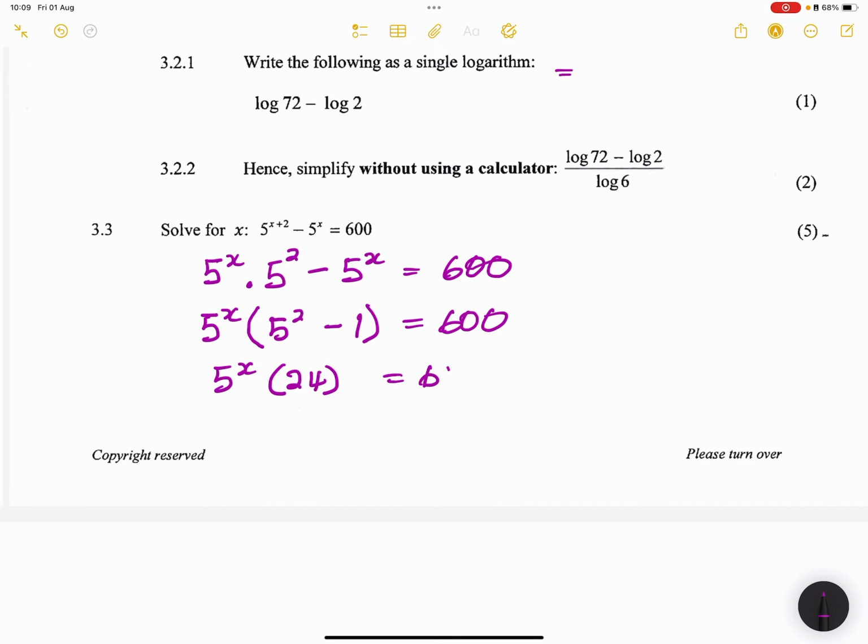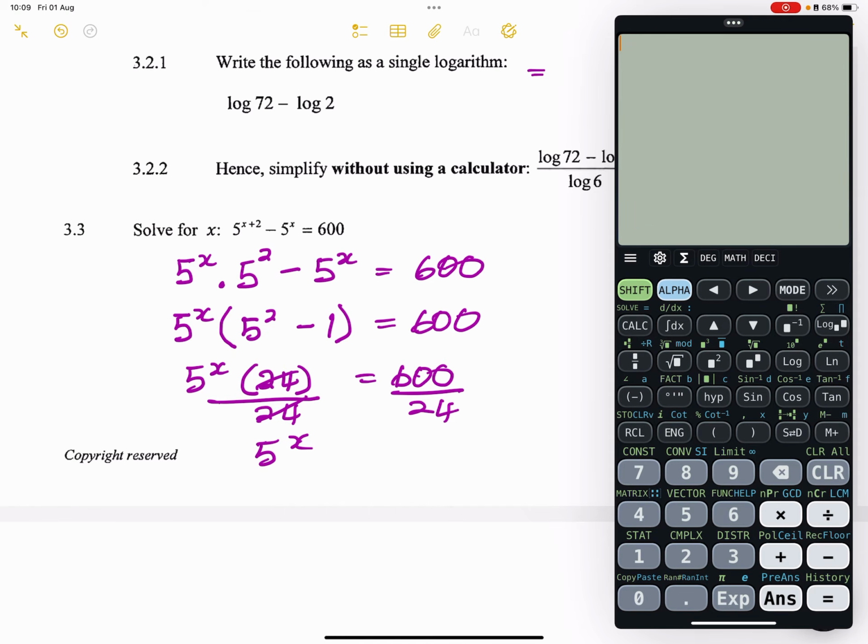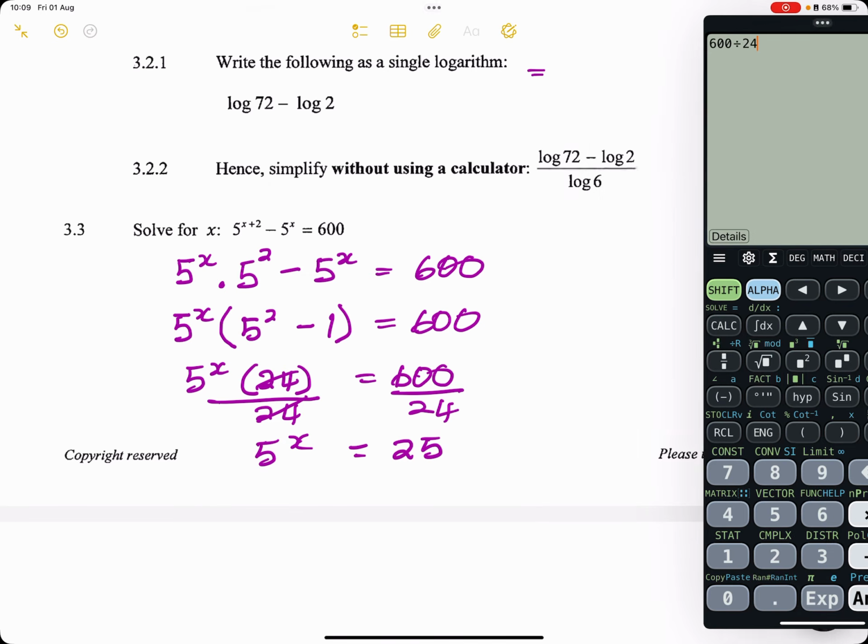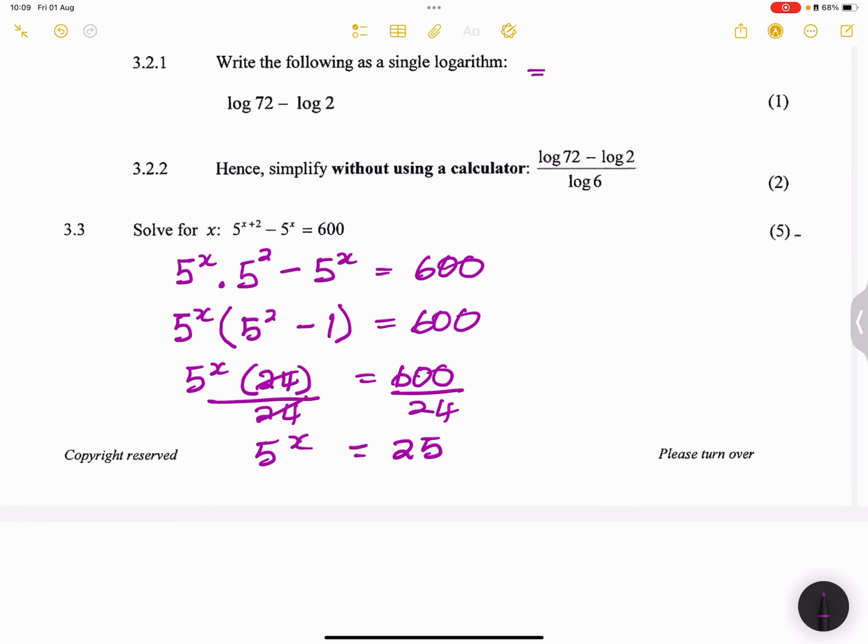So we can divide both sides by 24. All right. Well, we're going to say 600 divided by 24. Okay, I get 25. All right, so we can solve for x by simply saying, well, 5^x equals 25.